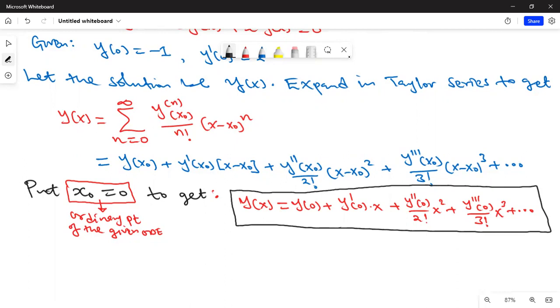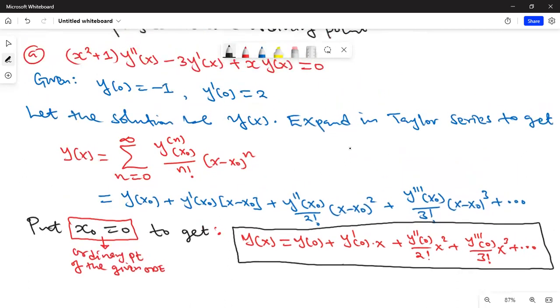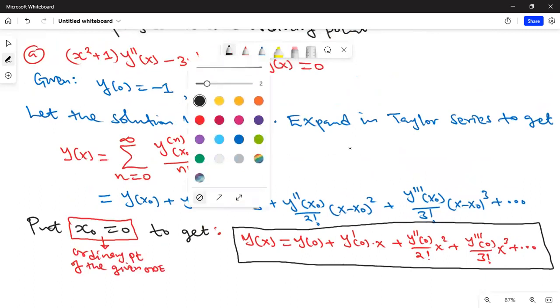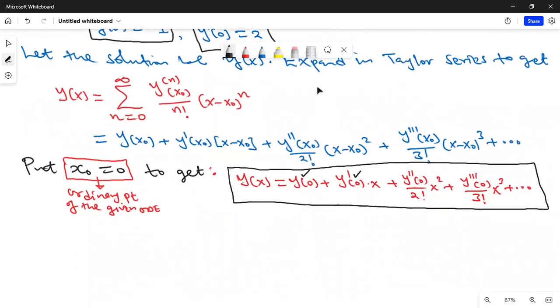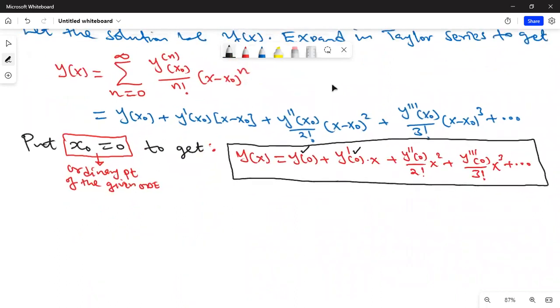Already we know y of 0 and y prime of 0. You see we are given here y of 0, already we know it. We also know y prime of 0 to be 2. So this is known. Again, this is also known. So what we don't know is y double prime and y third prime. So how do we find them? This is what you're going to do.